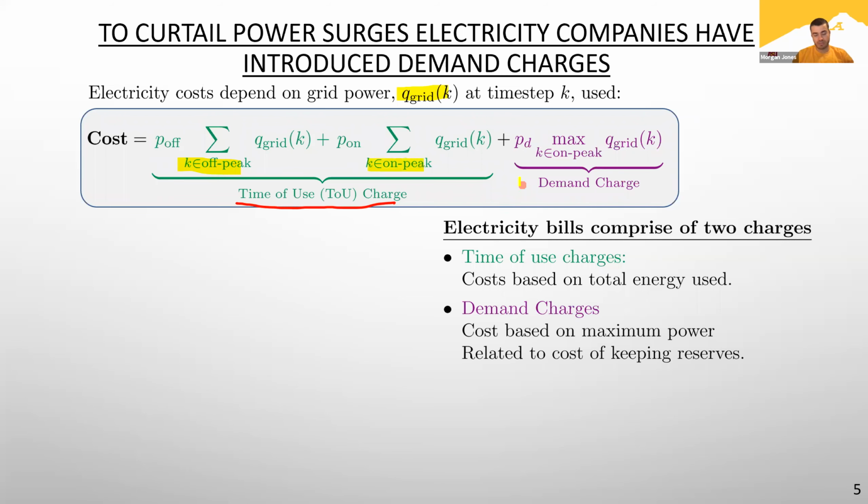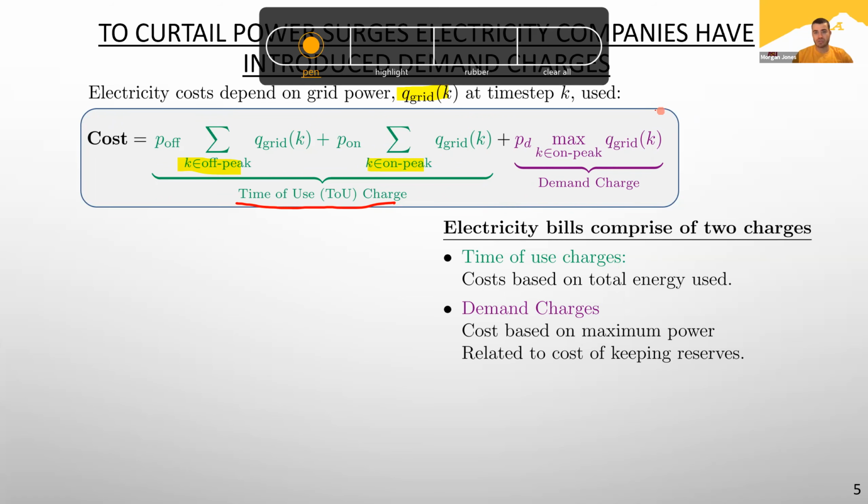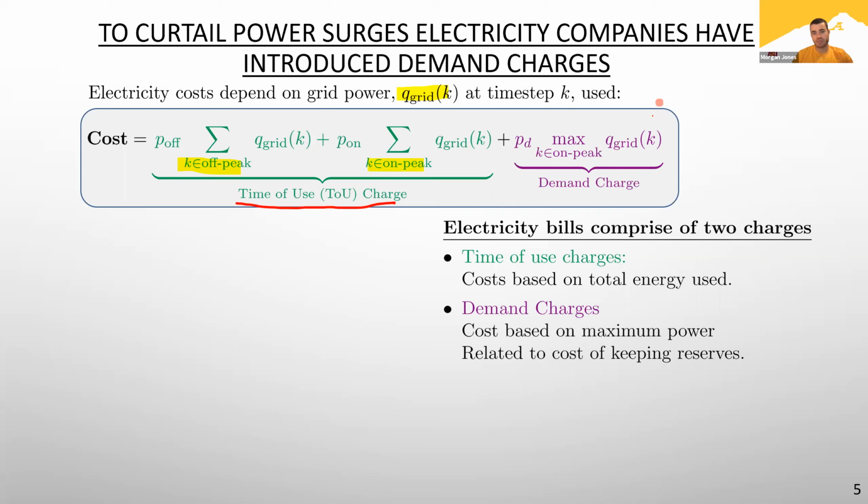And now electrical companies have introduced a new type of charge called a demand charge, and this is based on the maximum amount of electricity the customer requires from the grid during the billing period.